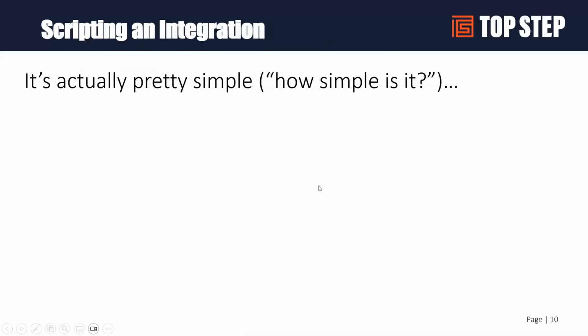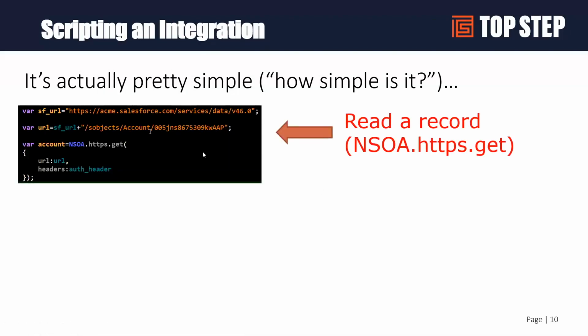It's actually pretty simple. How simple is it? This is the code required to read a record from an external system, in this case, Salesforce. You specify the address of the web service, and you specify your authentication, which we'll get into in just a bit, and you send it to this GET.